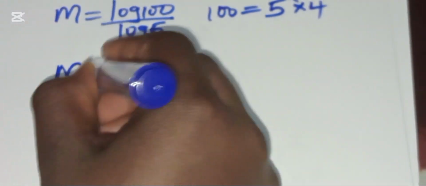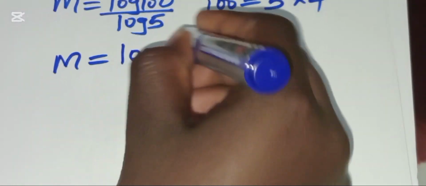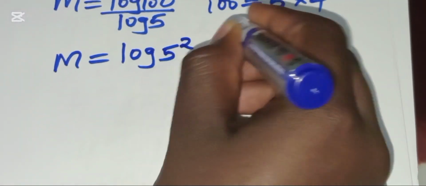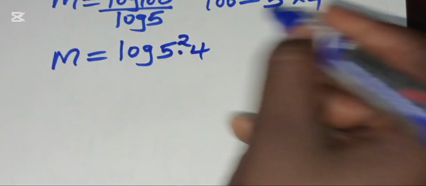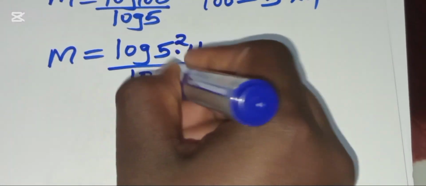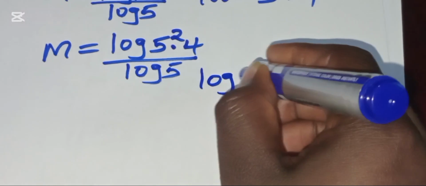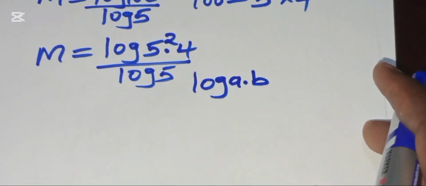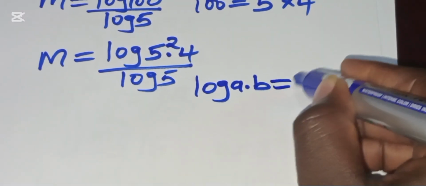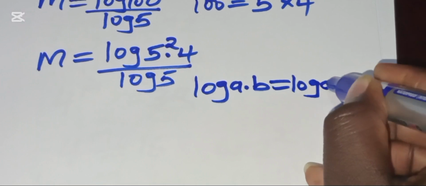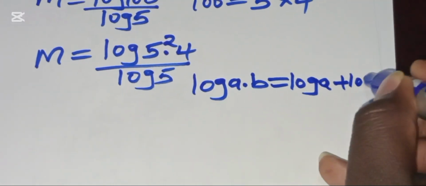We're going to have m is equal to log 5 squared multiplied by 4, divide everything by log 5. Now from here, given that if you have log a multiplied by b, this can be expressed as log a plus log b.